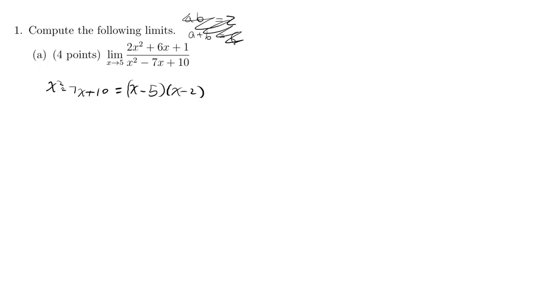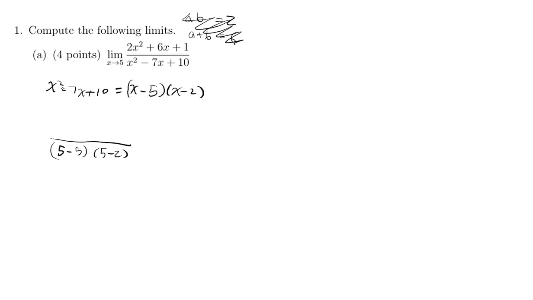And actually, if you plug in 5 on the top, because it's all added, it's non-zero. So this is what's going to happen if you try to plug in 5. In the denominator, you get (5 minus 5)(5 minus 2), because the bottom is the same as this.